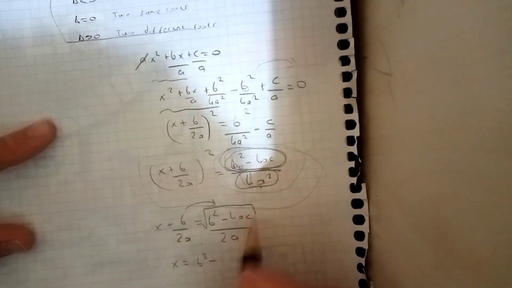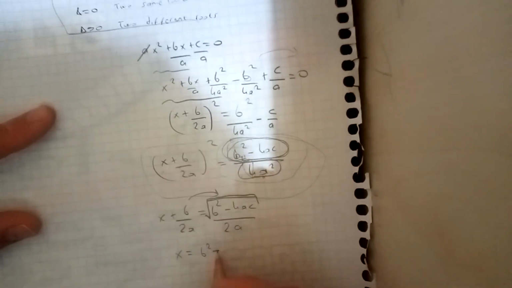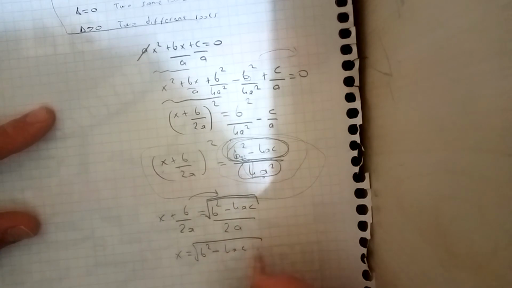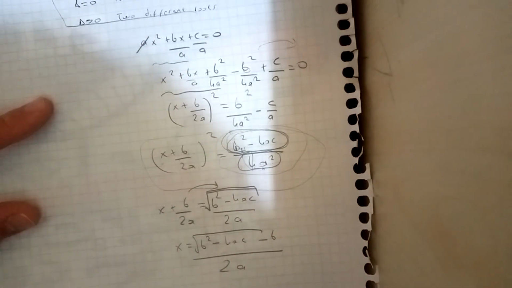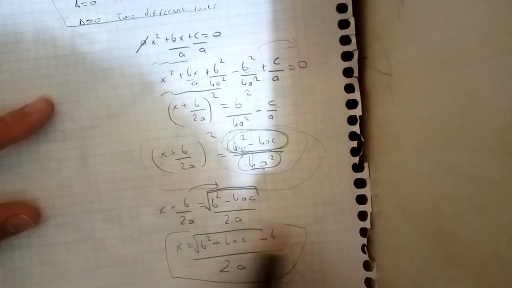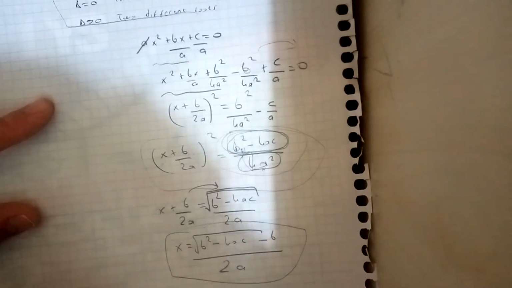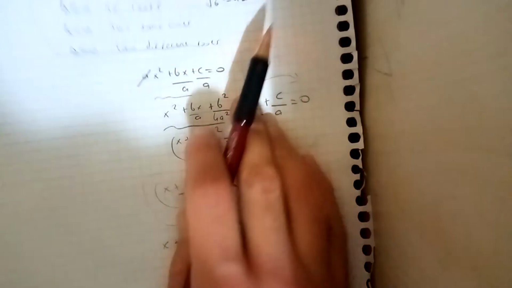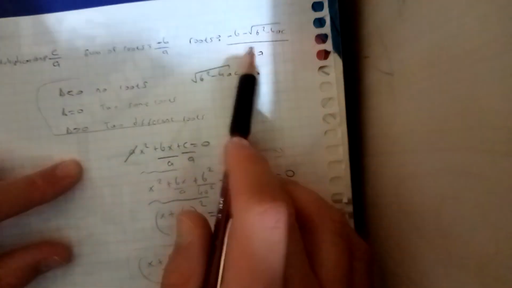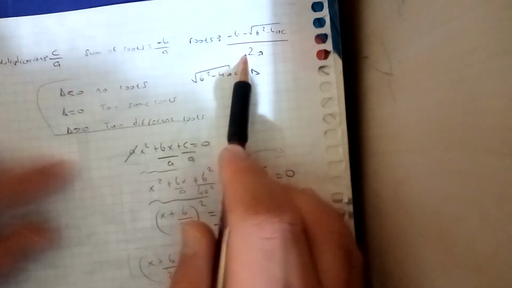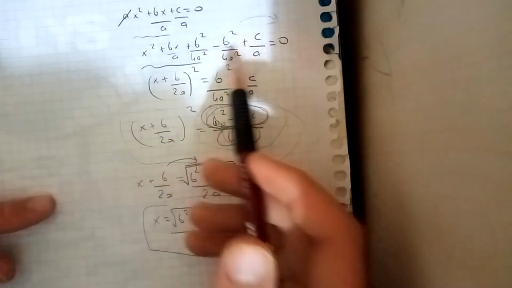I forgot to take the square root of this term, and it will be the square root of b square minus 4ac, minus b over 2 times a. And as you see here, we found our roots formula as we wrote at first. It is the same, and we found it with its proof.